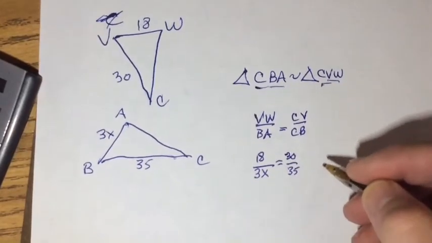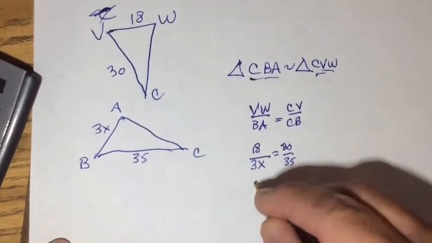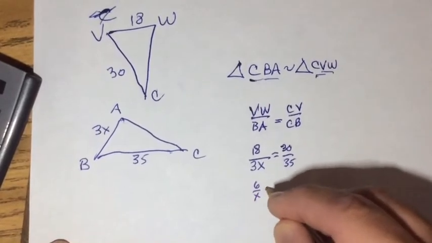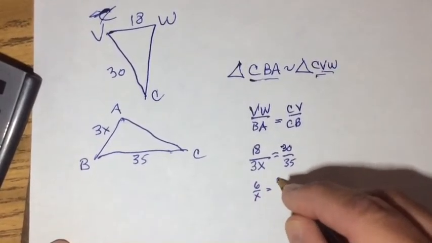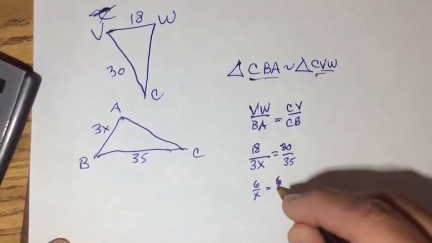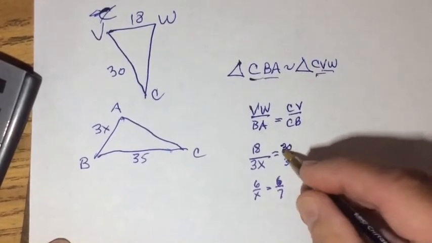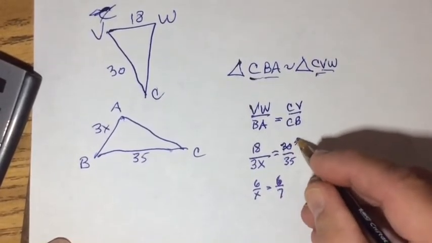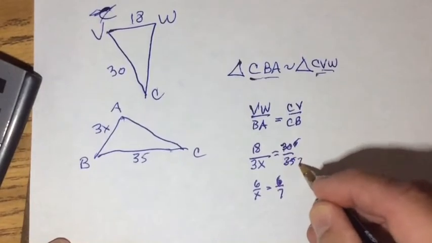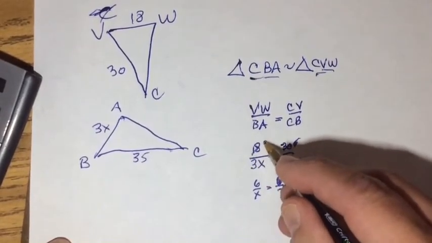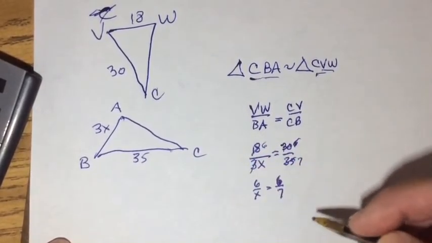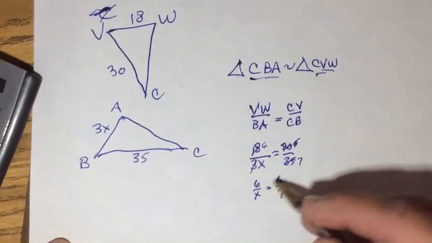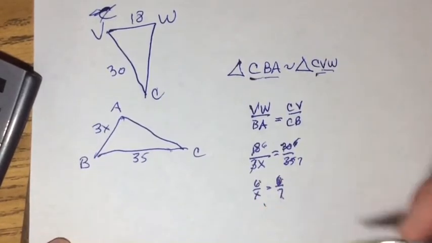I'm going to just quickly reduce these. 6 over x is equal to 6 over 7. Right? Because if I divide top and bottom here by 5, I get 6 over 7. If I divide this by 3, I get 6, and that becomes a 1. So 6 over 7 is equal to 6 over what?